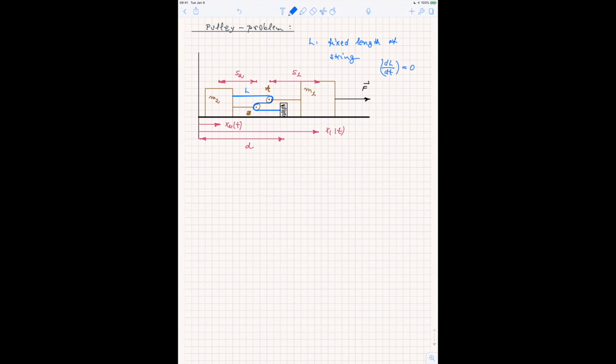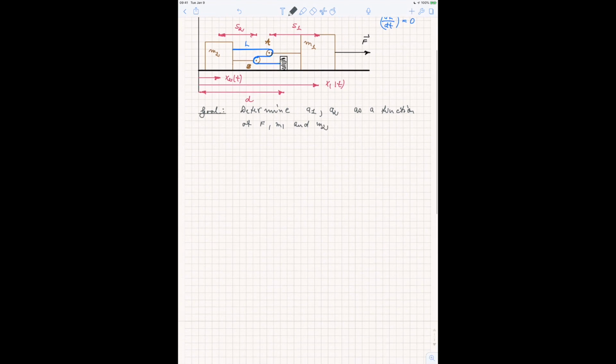So now let's try to solve this problem. And then what we're really after in solving for this problem is to find an expression for the acceleration. So the goal here is to determine a1, the acceleration of object 1, and a2, the acceleration of object 2, as a function of the magnitude of force F, m1, and m2.